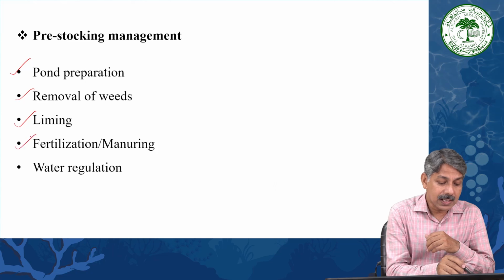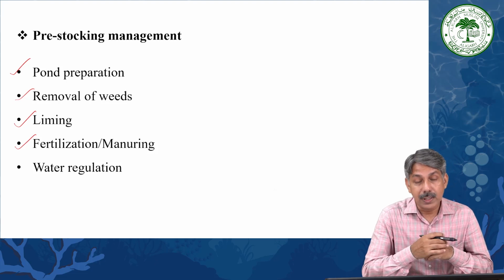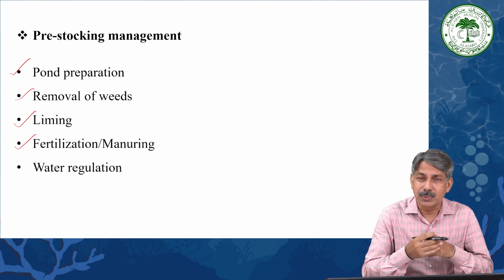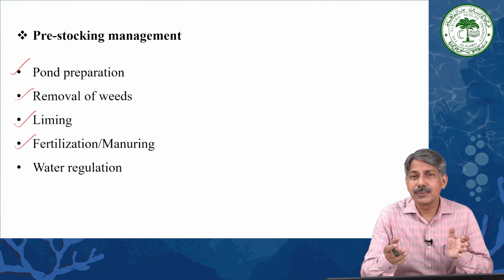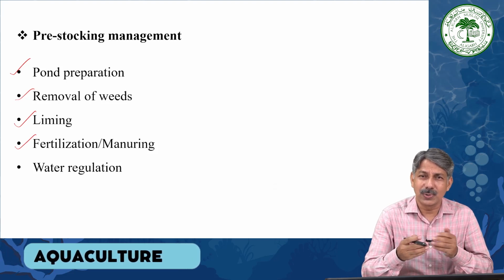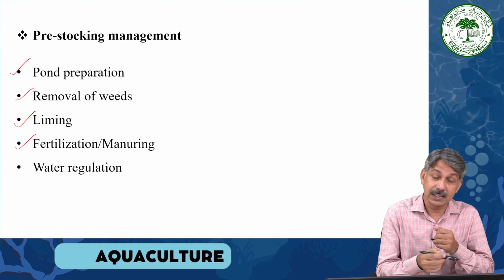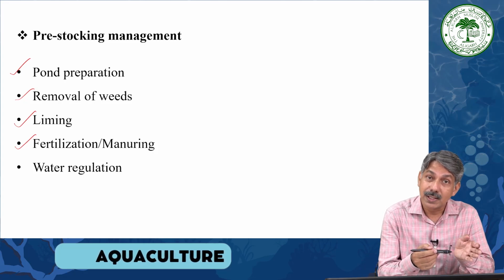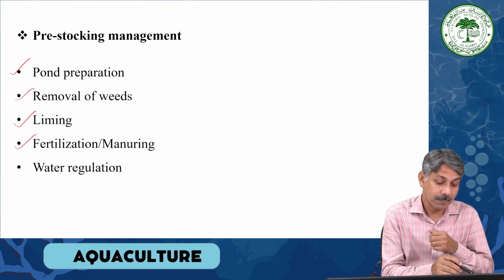And then fertilization and manuring. Organic manures we use, later on we will discuss that in the management lecture. We use organic manures, especially cow dung, which is very easily available. And then we use certain kind of fertilizers also, inorganic fertilizers, in order to provide nitrogen, phosphorus, and other nutrients necessary for primary productivity, since we are dealing here with semi-intensive aquaculture where live food production or primary productivity is also very important.